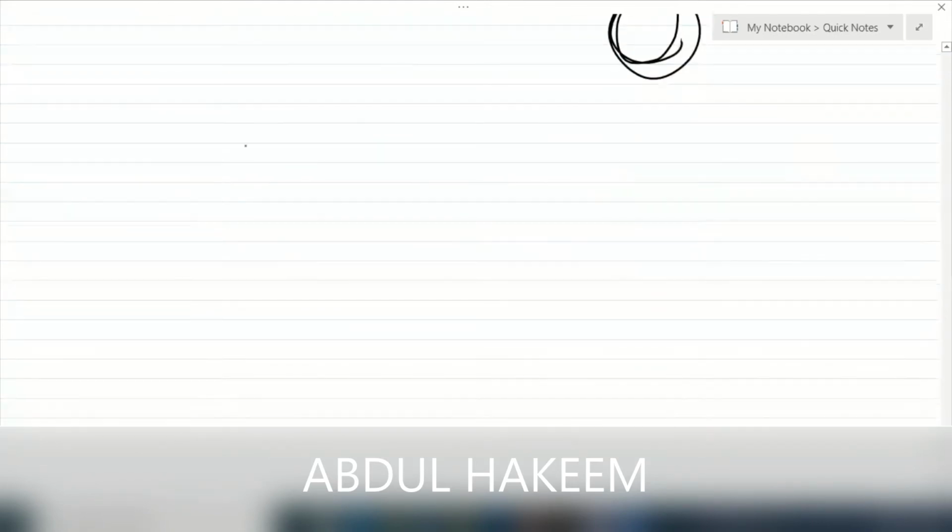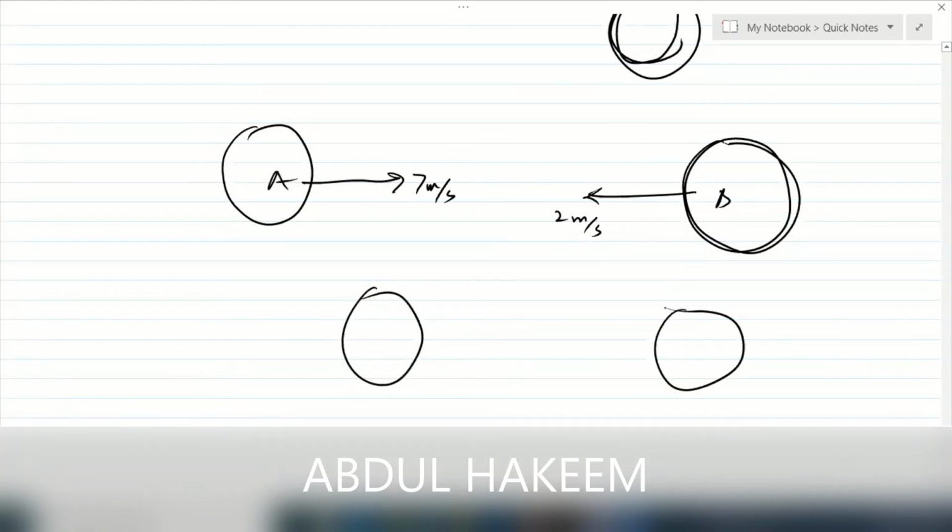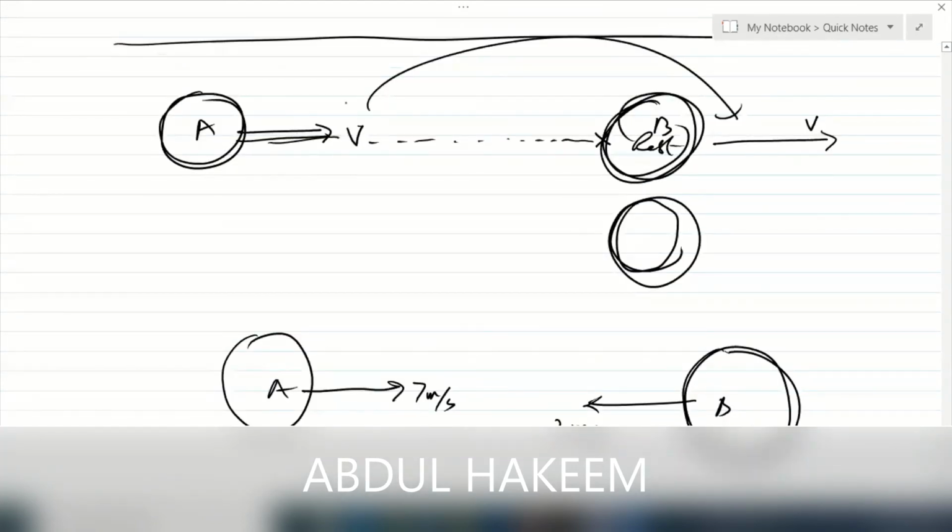And number two, if two objects are identical, one is moving with velocity 7 meter per second, the other moving with 2 meter per second. When they collide, this is A, this is B, both will change their direction and they will exchange their velocity. So this is moving with 2 meter per second. This will be moving with 7. So A and B. And here, this is moving, suppose, with 7.